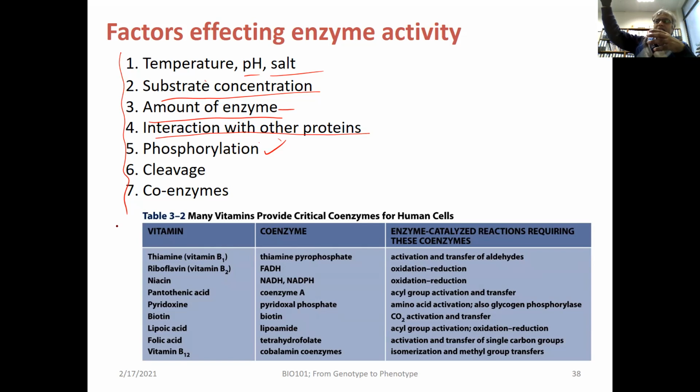They may be a cell surface receptor. They may be a protein involved in, let's say, RNA polymerase is a protein. The enzymes which are performing splicing functions are proteins.